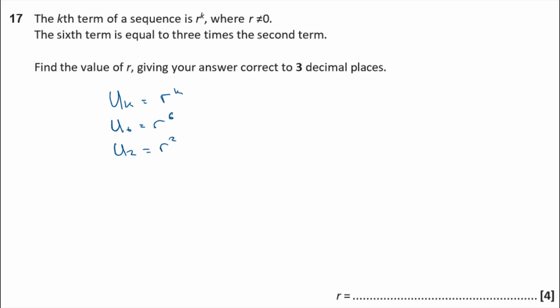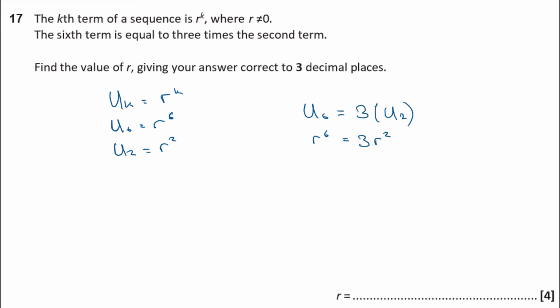But we're told that the sixth term, U6, is 3 times the second term, 3 lots of U2, isn't it? So U6, which we just worked out was r to the power of 6, is equal to 3 lots of U2, the second term, which we just said was r squared.